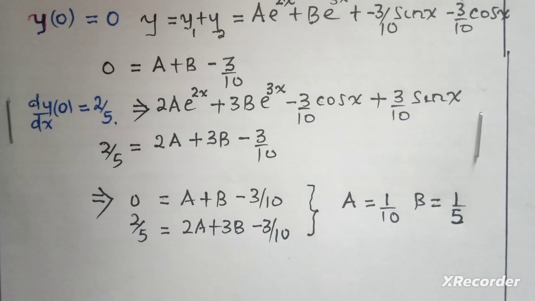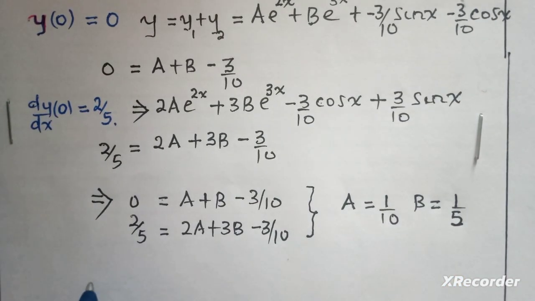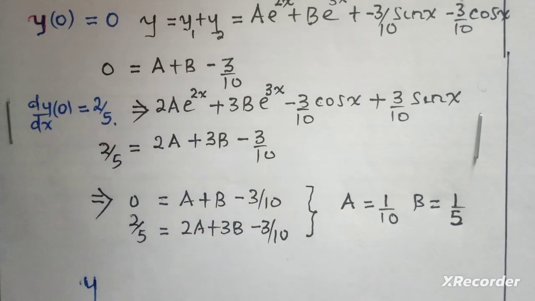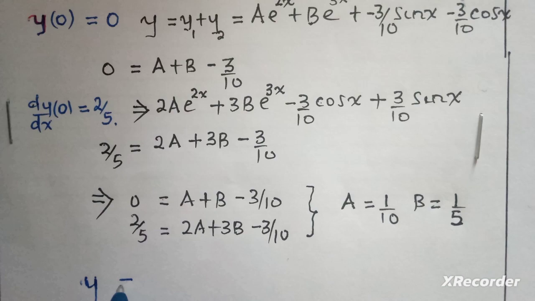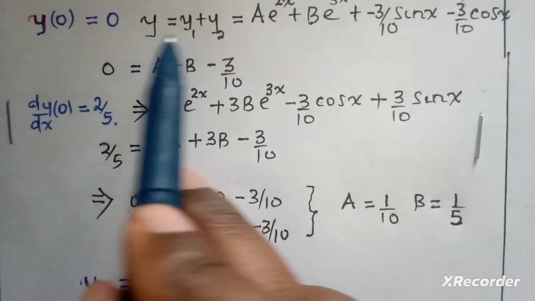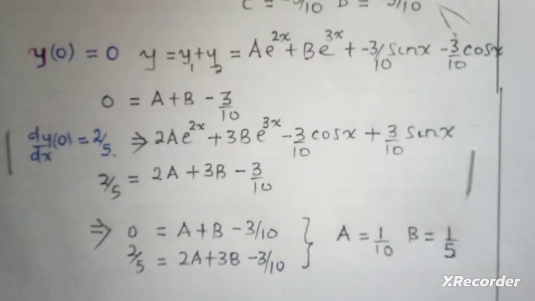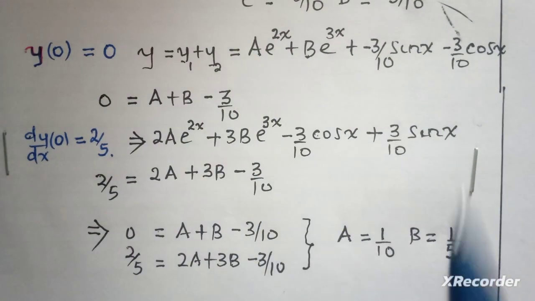And the solution is going to be like this, guys. It's now going to be y is equal to, now we write this equation here, having found what a and b are.